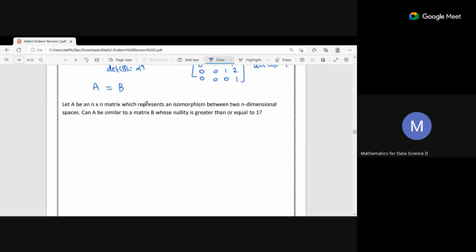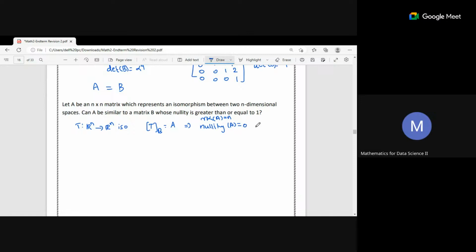Let A be an n by n matrix which represents an isomorphism between two n-dimensional spaces. It means if you have T from Rn to Rn, which is an isomorphism, and A is the matrix representation of T. Can A be similar to a matrix B whose nullity is greater than or equal to 1? No, ma'am, because the nullity of A is 0. Because of the isomorphism, rank is equal to n, and if rank is n, nullity is 0.